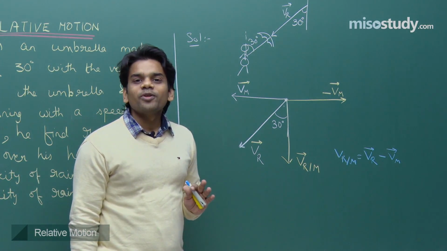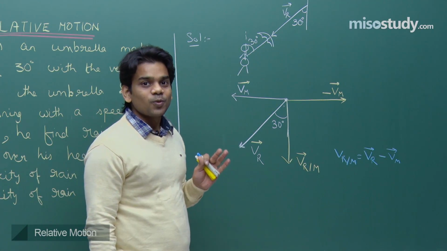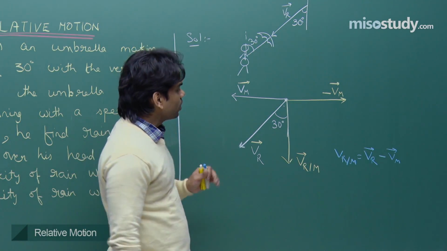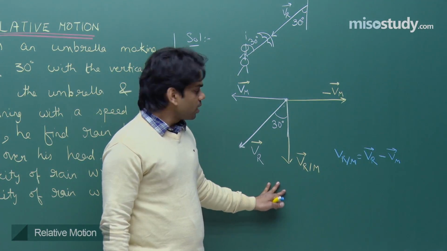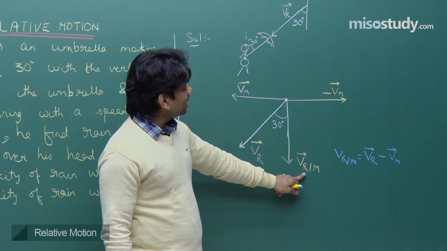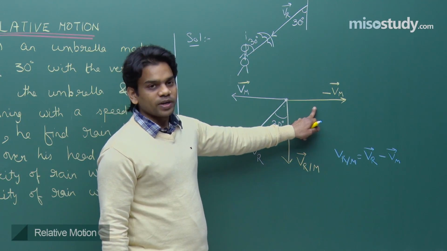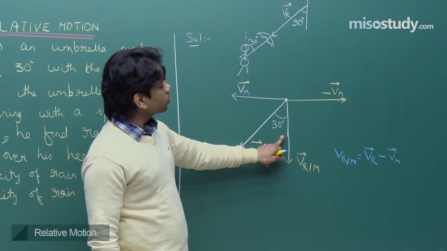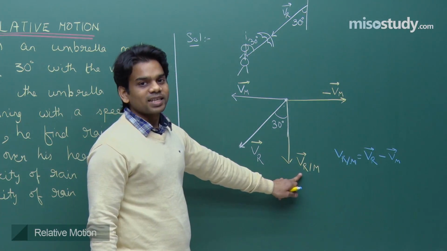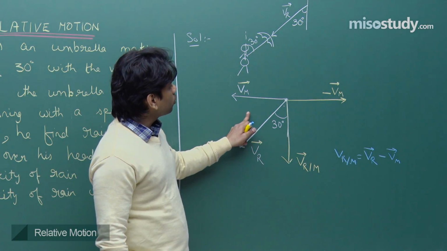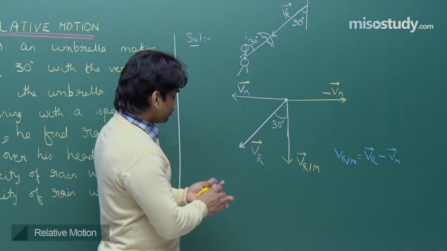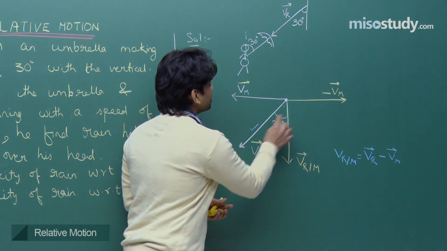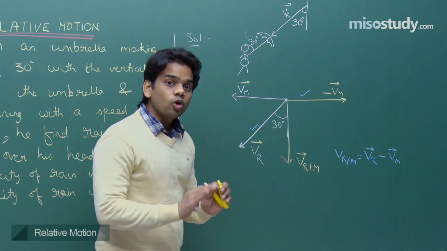We have to evaluate the velocity of rain with respect to man and velocity of rain with respect to ground. From this diagram, velocity of rain with respect to man is the resultant of these two vectors. There is no horizontal component on Vr/m.